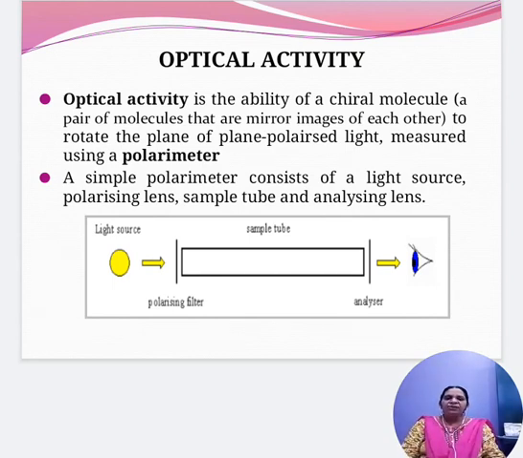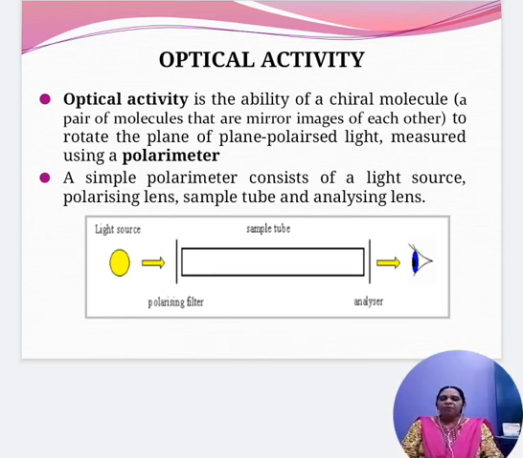So optical activity is the ability of a chiral molecule to rotate the plane of the plane polarized light, measured using a polarimeter. It is a characteristic of a molecule.